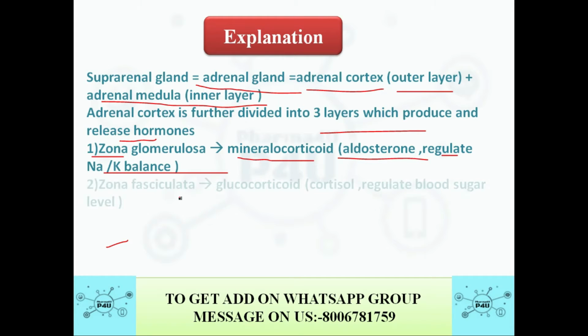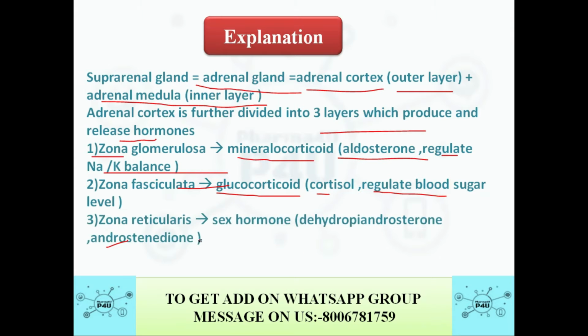The next one is zona fasciculata, it contains glucocorticoids, releases cortisol, and regulates blood sugar level. And the third one is zona reticularis, it releases sex hormones, dehydroepiandrosterone and androstenedione. So students, try to note down these functions with the specific names.